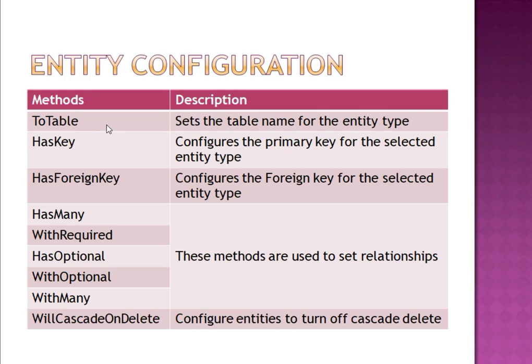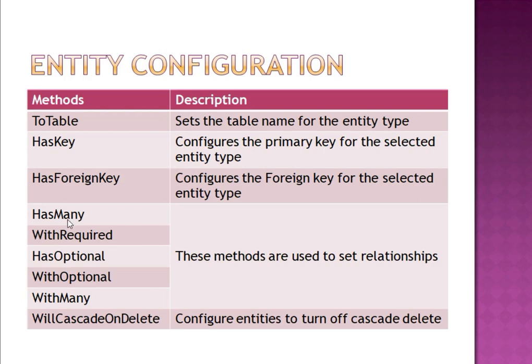HasKey is used to configure the primary key for the selected entity type. Similarly, there is the HasForeignKey method also, which is used to configure your foreign key. It is helpful when we set the relationship between the entities. Actually, as a separate method, we cannot use it. We have to use this method while configuring the relationship between the entities.